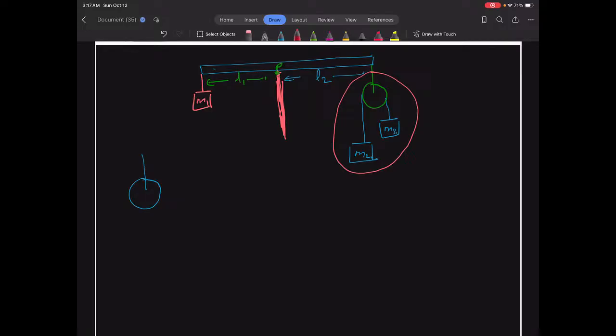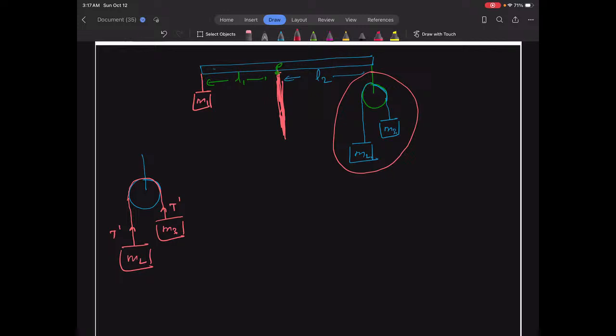Let me draw this pulley structure separately. On the left side we have m2, and on the right side we have m3. The string is continuous like this, and here also the string is continuous. As the string is continuous, let us assume the tension T prime here as well as here.